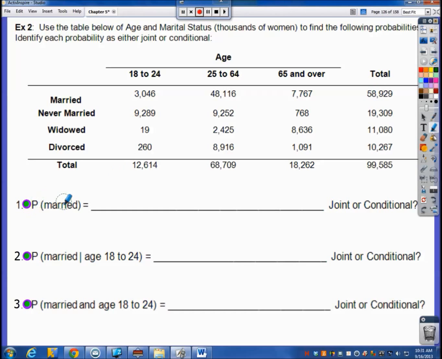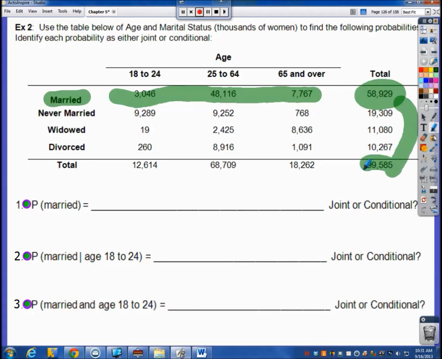So the probability that we get a married person. Well, here's married. And we're not talking about any specific age range here. So we're talking about all of our married people, which is our 58,929 out of 99,585, which happens to be 59.2% rounded. Now, is this a joint or a conditional probability?